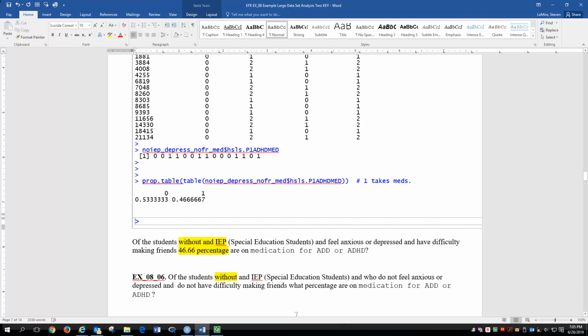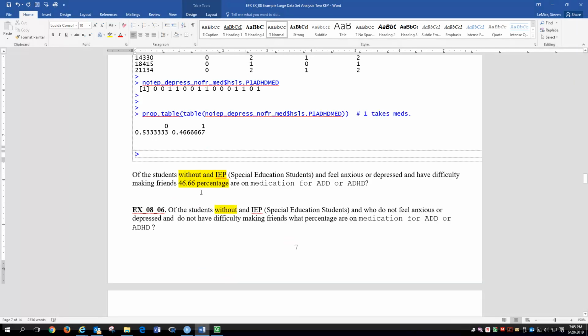And we get 46.66, or right here, of the students without an IEP who feel anxious or depressed and have difficulty making friends, 46.66% are on medication or ADHD meds. So now notice that our number is not large. Okay, so if I'm not on IEP but I have those conditions, I've got a high percentage, but there's not many of them.